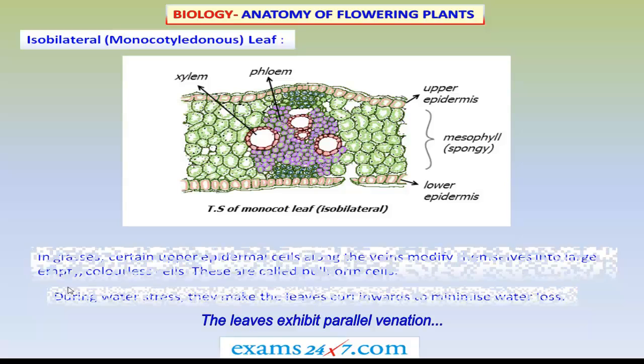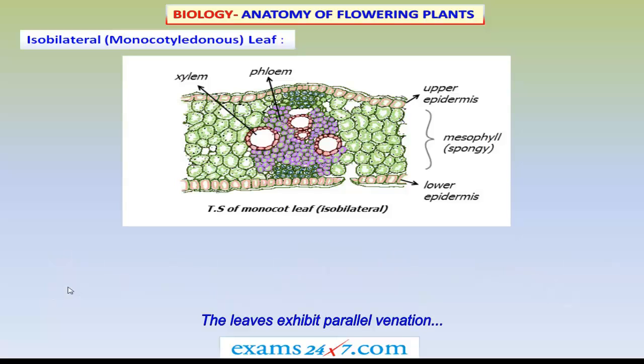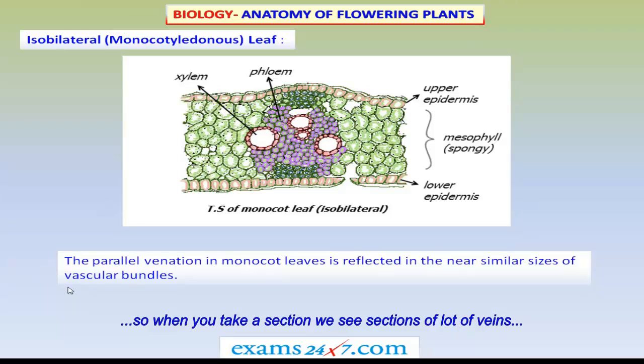The leaves exhibit parallel venation, and hence when we take a section, we see the sections of a lot of veins all along the leaf lamina, with the central section being a bit broader in size, well supported by means of sclerenchyma tissue.